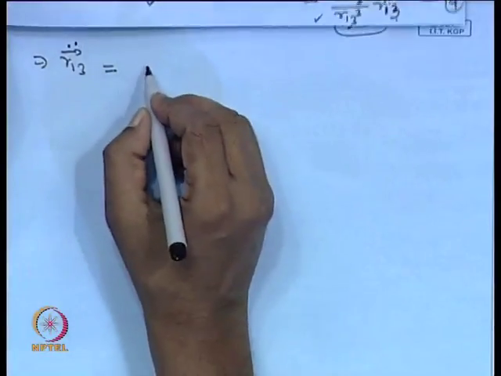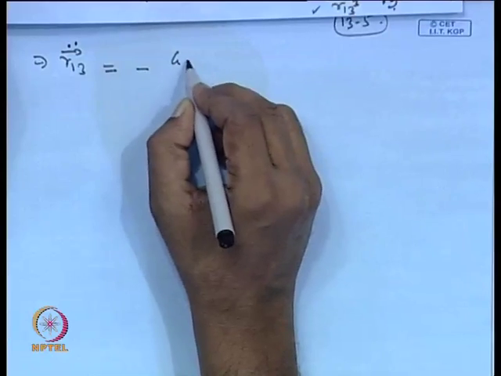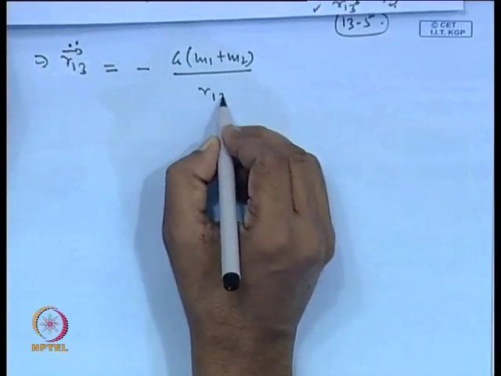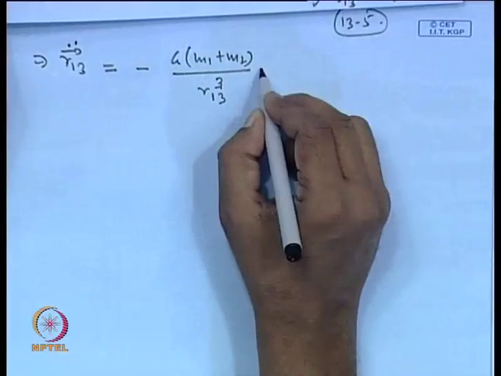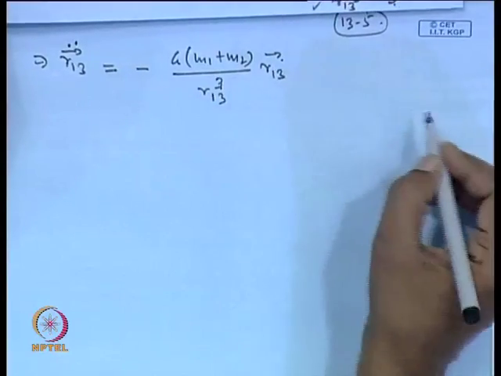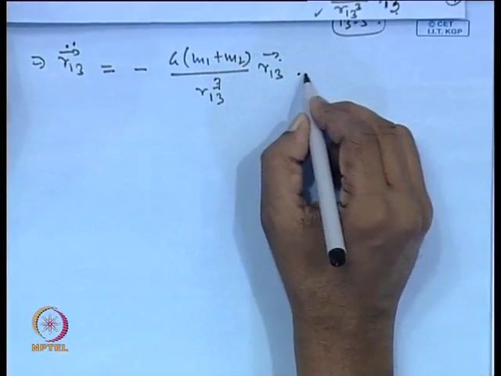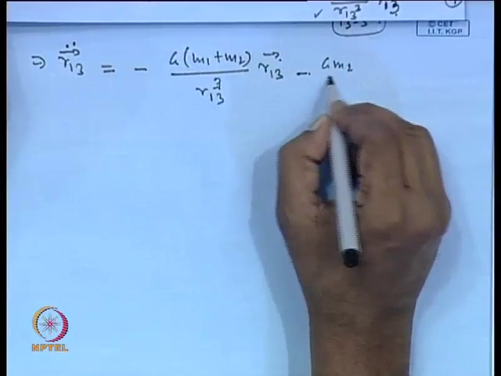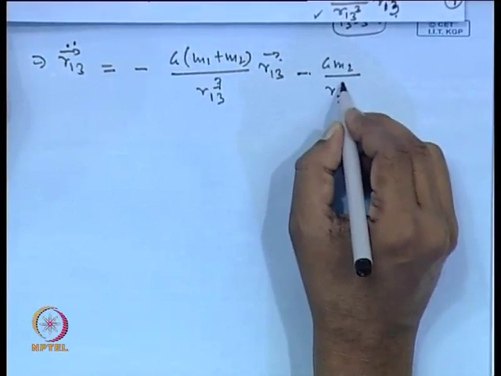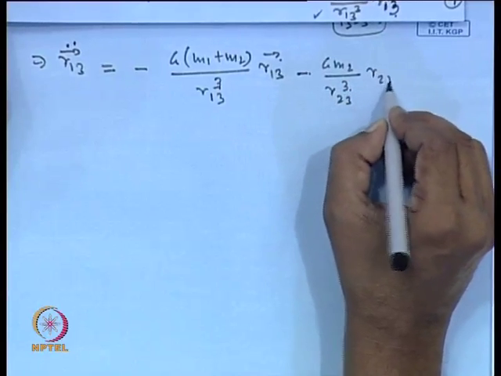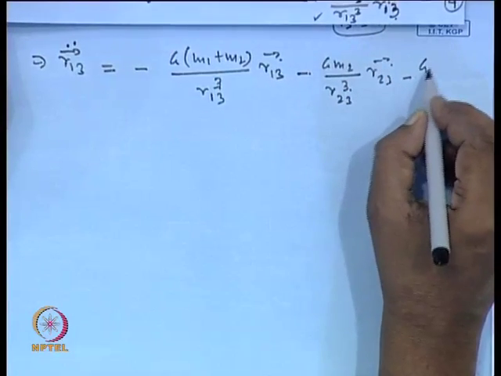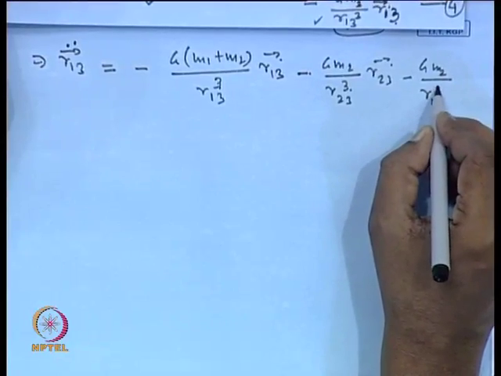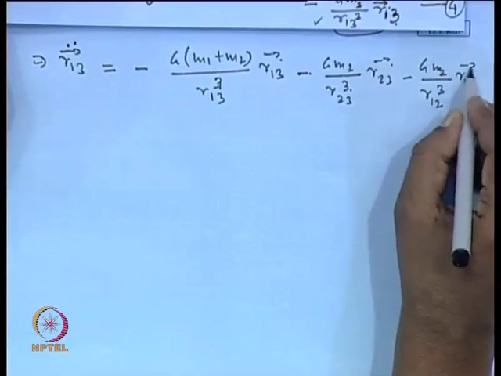If we combine them, we get here G times m1 plus m3 divided by r13 whole cube r13, and then we get minus G m2 by r23 whole cube r23, m2 by r12 whole cube r12.